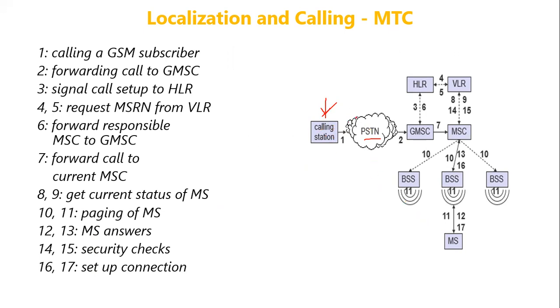Then the PSTN in turn communicates with the GMSC, the Gateway MSC, to identify the particular user corresponding to that number. Because we need to locate the user: whether he is in the current location or somewhere else, that we should know.